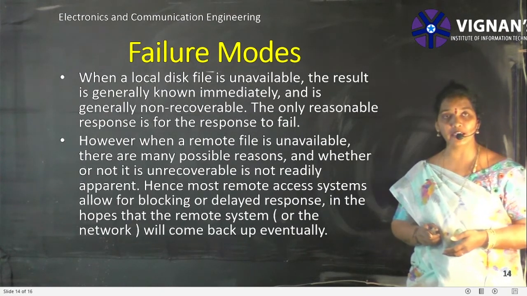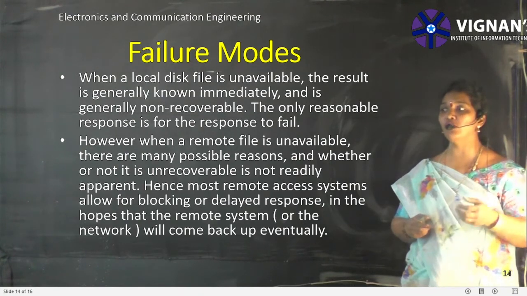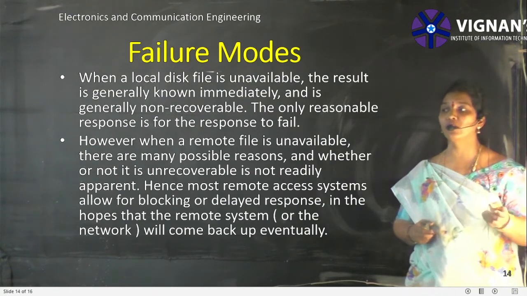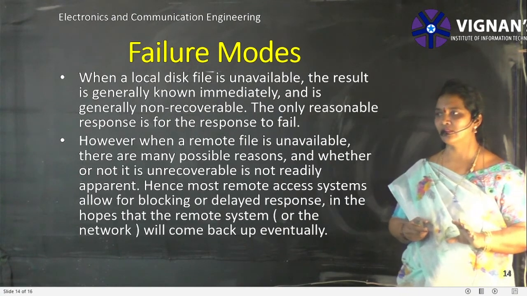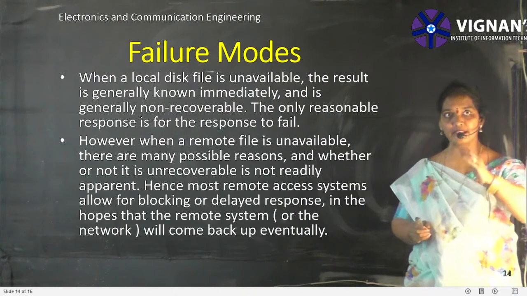That is very difficult to say. Hence, most remote access systems allow for blocking or delayed response in the hope that the remote system will come back with some backup.